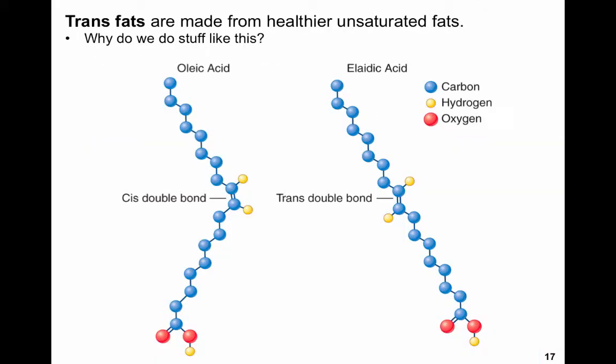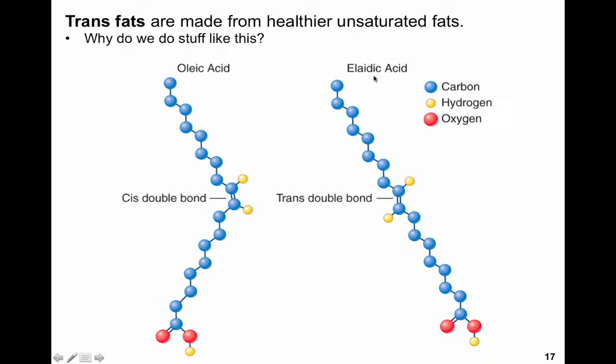This is showing one of the more stupid human creations here, and also demonstrating some important chemical terms, cis and trans. Cis means same and trans means across, and so we are looking at the double bond in these two fatty acids, oleic and elaidic.